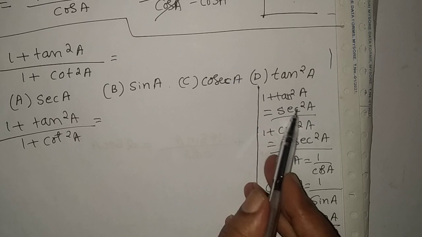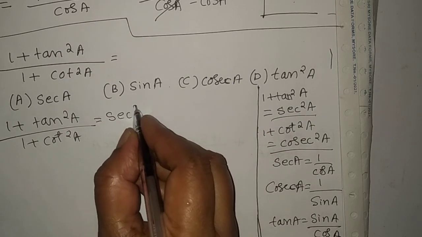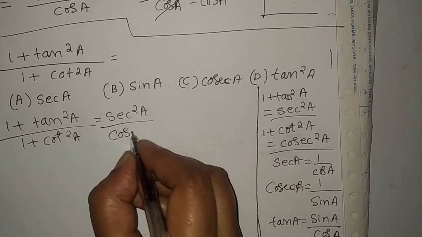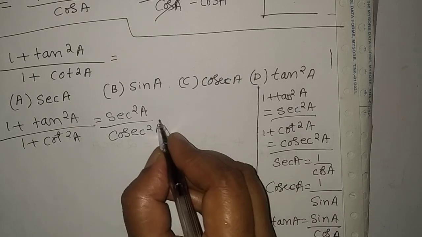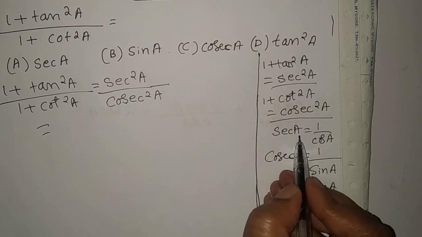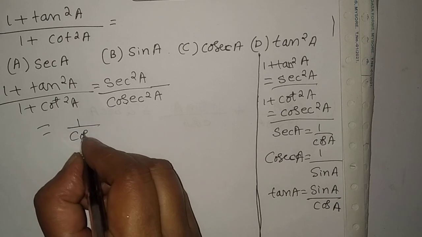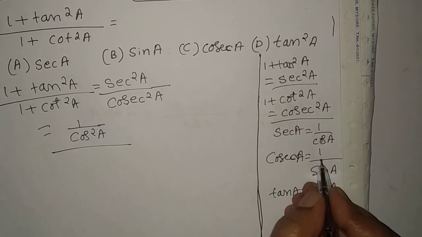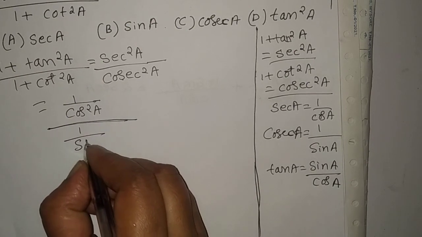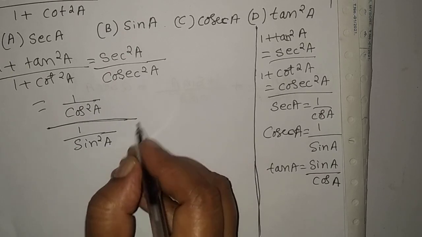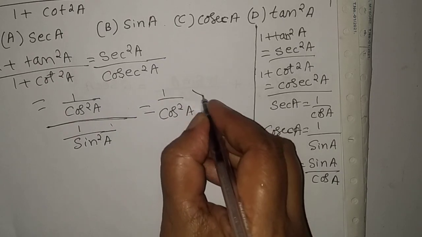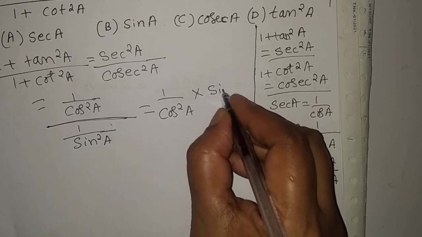Here 1 plus tan square can be replaced by secant square A, and 1 plus cot square is cosecant square A. Secant square A is 1 by cos square A, and similarly cosecant square A is 1 by sin square A. Finally we multiply: 1 by cos square A into this, where the denominator goes to the numerator.